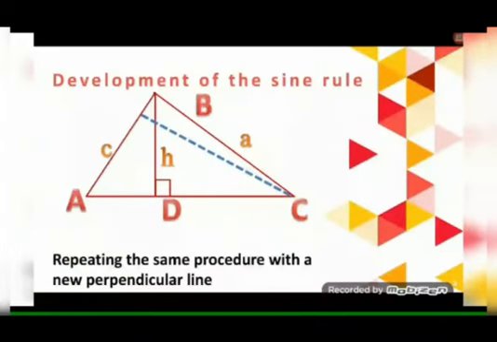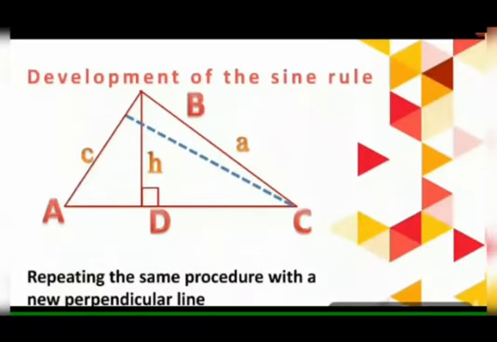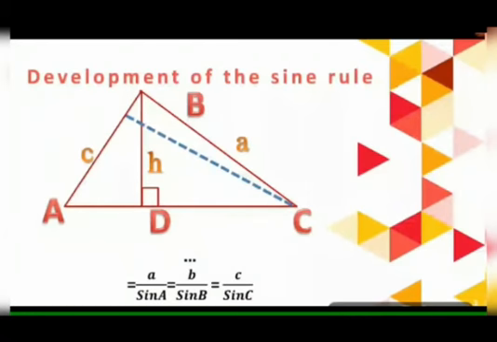Once we have come this far, we need to complete our sine rule. We do this by splitting the triangle into two right-angled triangles again, but this time using a different perpendicular line. When we do this, a over sine A will be equal to b over sine B, and c over sine C will be equal to b over sine B. This brings us to our full sine rule.